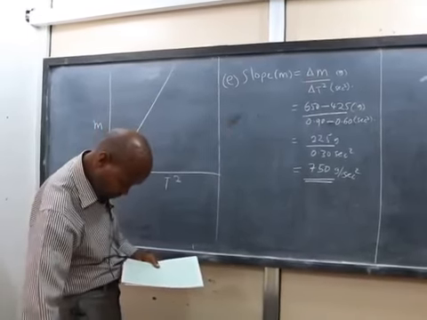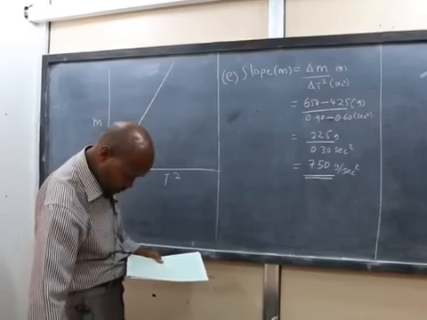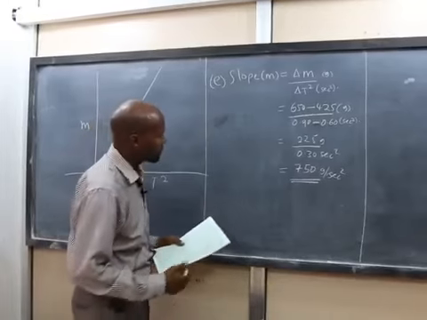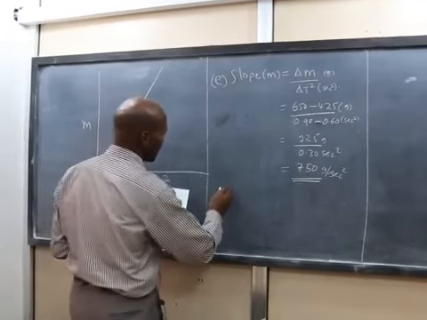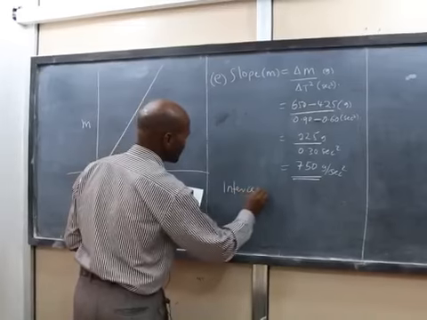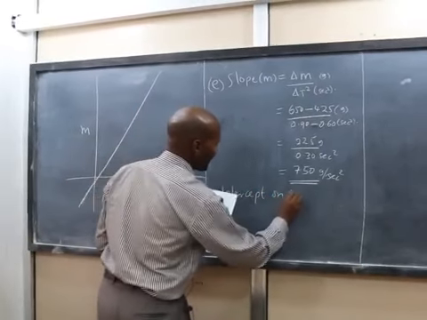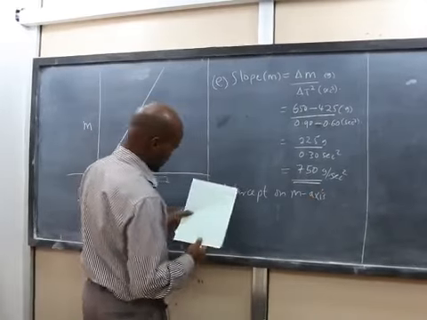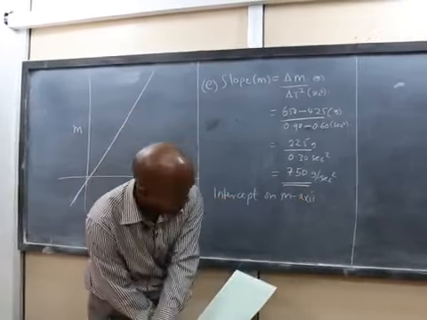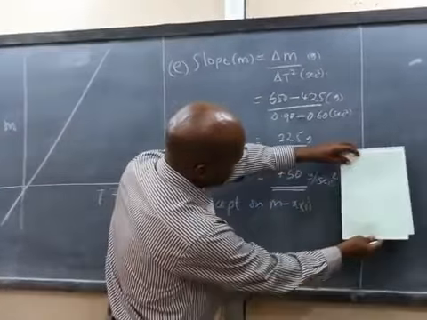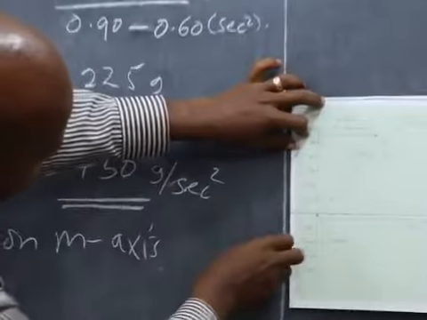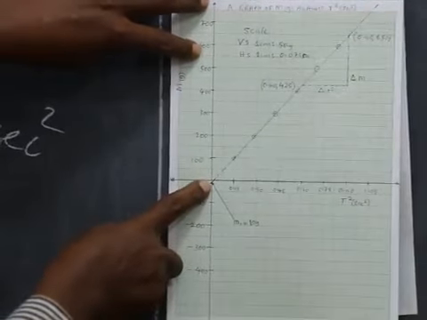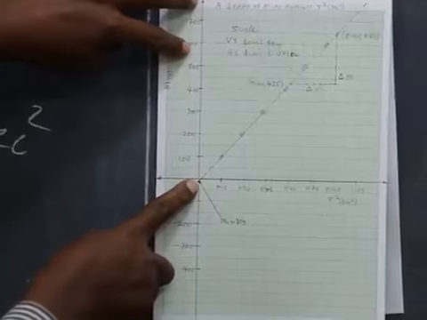Now according to the question paper, we are told to determine the intercept on the m axis, that's the y axis. This one is here. If you observe carefully, according to the graph it is somewhere here, just close to 0, but just below 0.